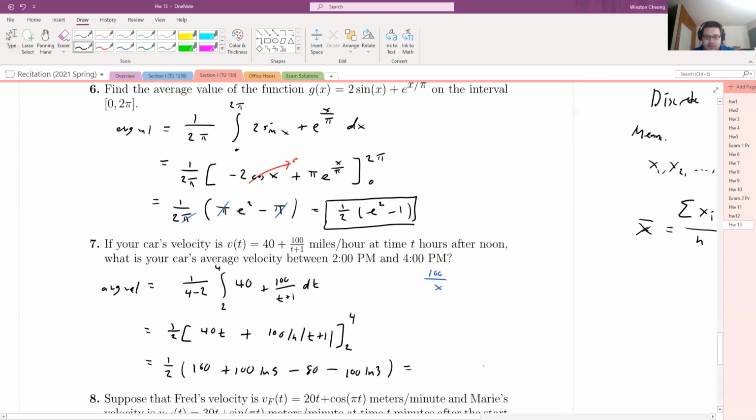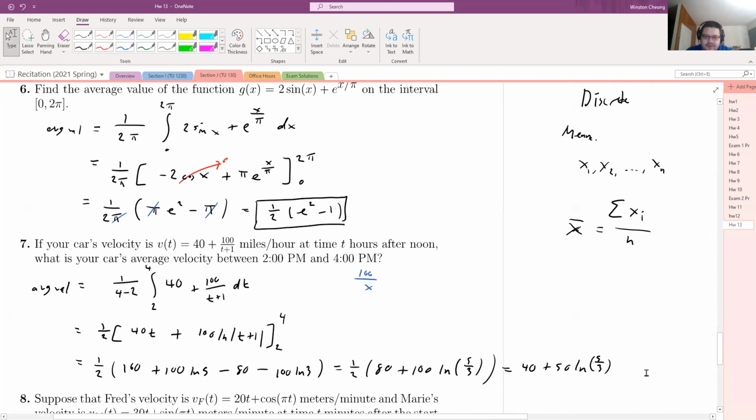So you can end up rewriting this as 80 plus 100 ln of 5 over 3. Right? And so that's what one of the log properties is going to give us. And then lastly, why not simplify that just a little bit more? That 1/2 is not necessary. So ln of 5 over 3, and there we go.